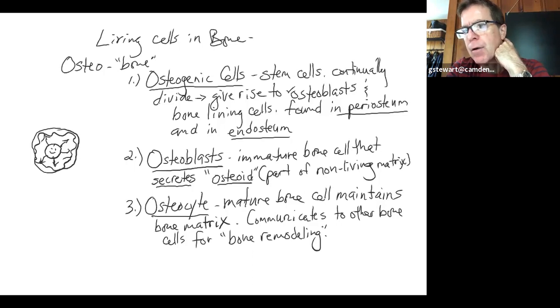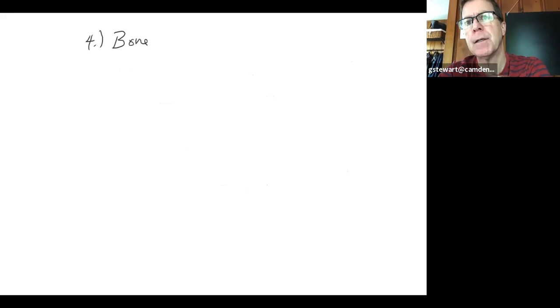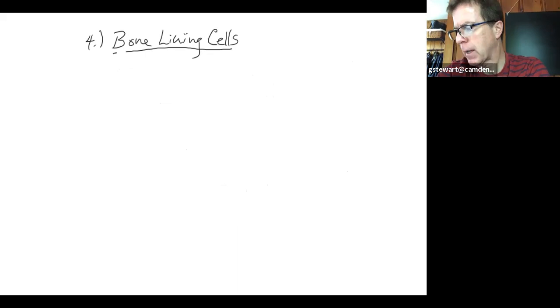I'm just going to layer a new board on top of it and write number 4. Bone lining cells, which we've mentioned. Let's now discuss really what they are. That's L-I-N-I-N-G. We know where they're located. Their shape is they're kind of flat. So they're flat cells.